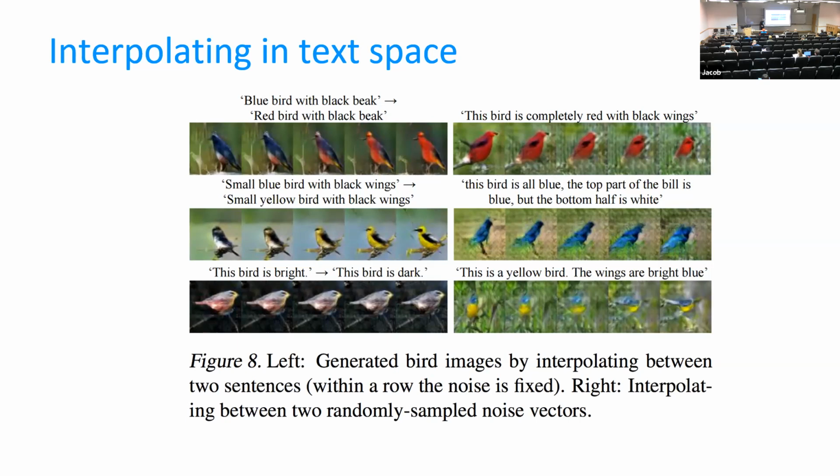Okay, and then a similar thing, we have a small bluebird with black wings becoming a small yellow bird with black wings, and you can see the smooth interpolation. So this is a good way to visualize what your network is learning. Basically, if you have a poorly trained GAN, you will see something that looks like pixel-wise interpolation, where all of the intermediate images look blurry.